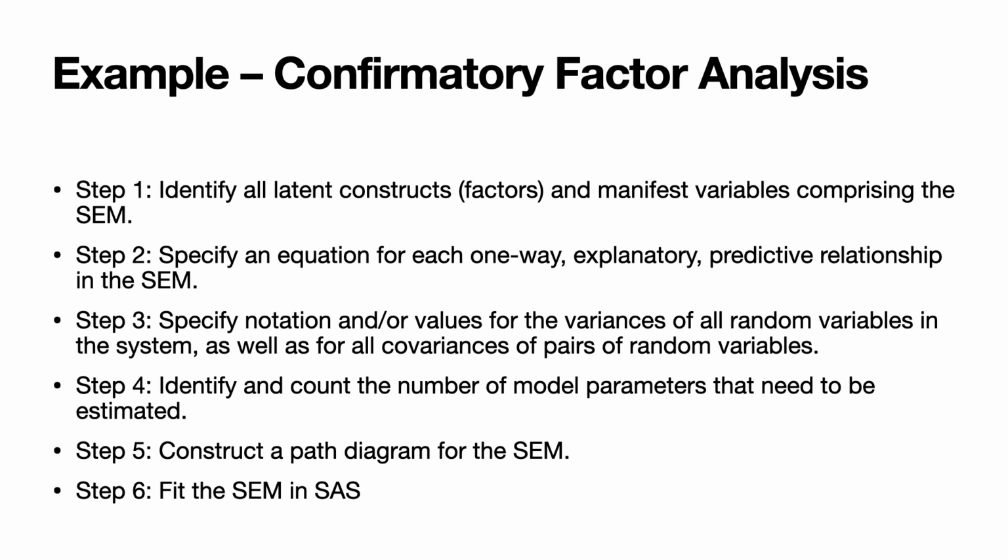Specify notation and/or values for the variances of all random variables in the system, as well as for all covariances of pairs of random variables. Step 4. Identify and count the number of model parameters that need to be estimated. Step 5 is to construct a path diagram for the SEM. And then finally, we'll add a sixth step where we fit the SEM using SAS.